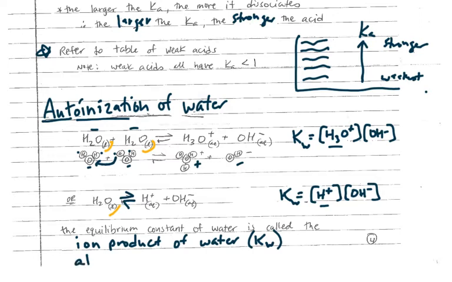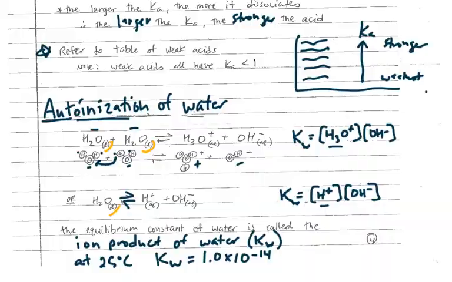At 25 degrees Celsius, Kw equals 1 times 10 to the negative 14th. All right, that is a constant. You should probably memorize it. I mean, you basically will memorize it by the end of doing problems in this chapter, but you don't have to. It is a constant that people look up and that will be on a reference sheet for you for the test.